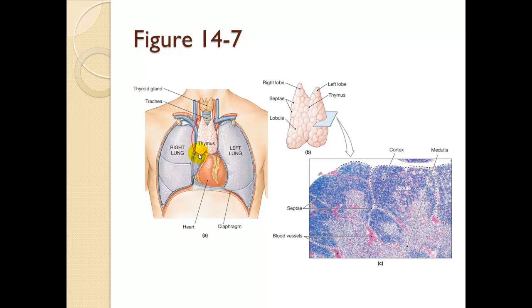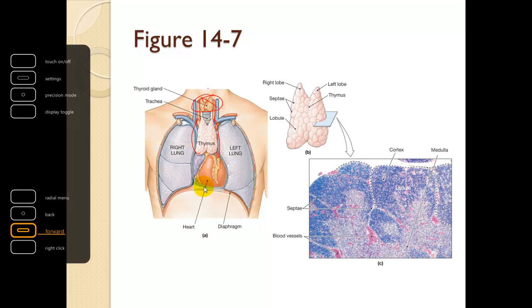The thymus is here, and this is in the mediastinum. This is just below the thyroid gland. The parathyroid is on the posterior area of this, on the back side. The thymus is what allows T cells to mature and do what they're supposed to do, initiate the cellular mediated response.